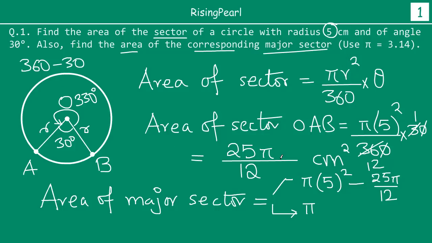So in that case, you don't have to take the whole circle, pi r square, minus the area of the minor sector. We can do it the other way: pi r square by 360 degrees times the angle, which is 330. So it doesn't matter how you go about it. In both cases, you are going to come up with the same answer. I am not actually doing the computation for you. I know that all of you are smart enough to actually do it by yourselves.